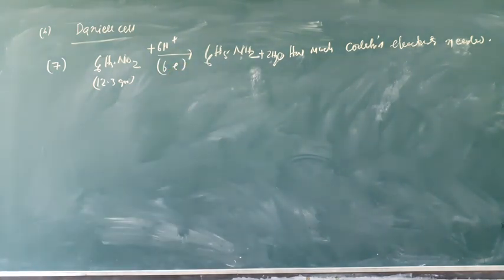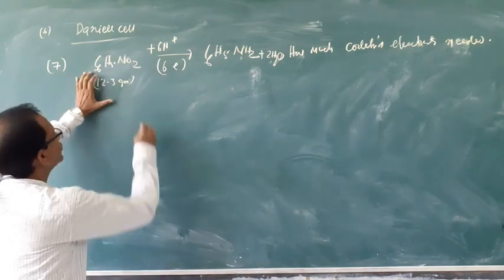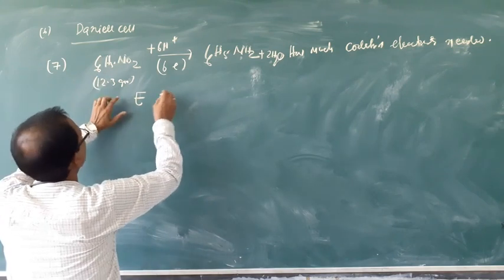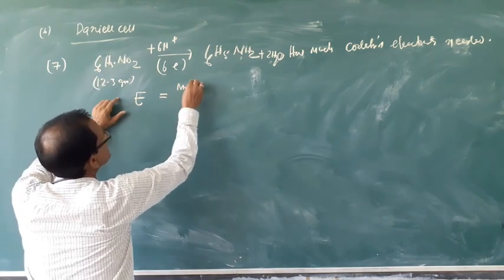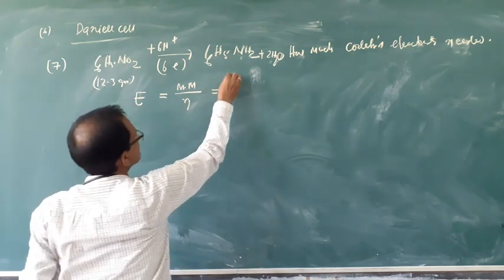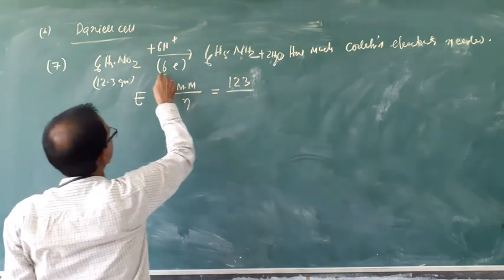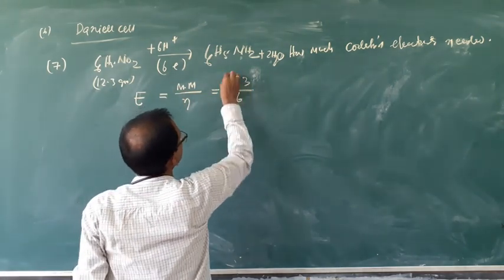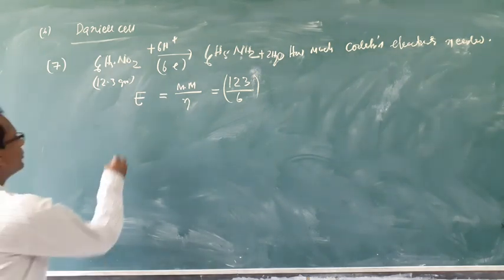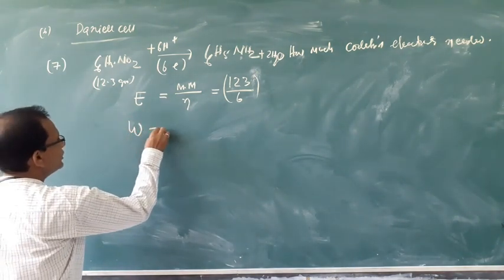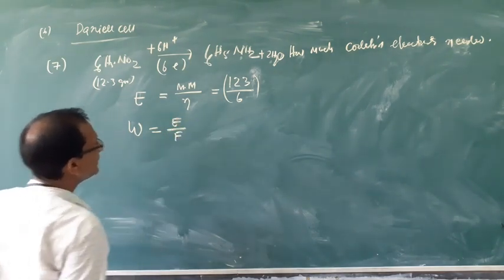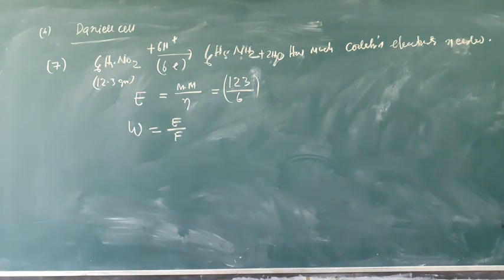As 6 electrons are involved for 1 mole, the equivalent mass of nitrobenzene will be molar mass divided by the number of electrons involved. The molar mass is 123, the number of electrons is 6. So this is the equivalent mass of nitrobenzene. We know, as per Faraday's law, W is equal to E by F into Q.